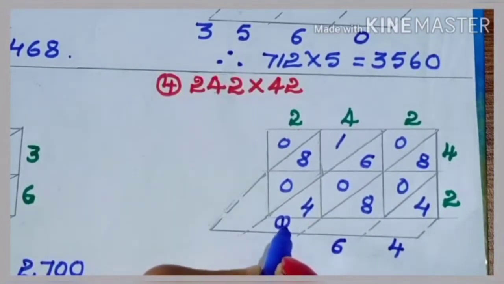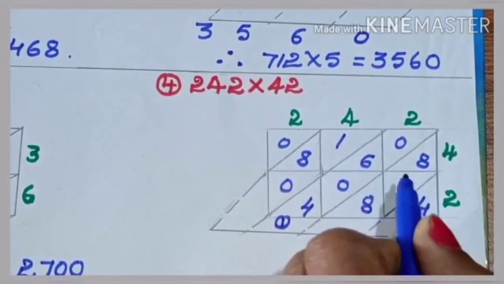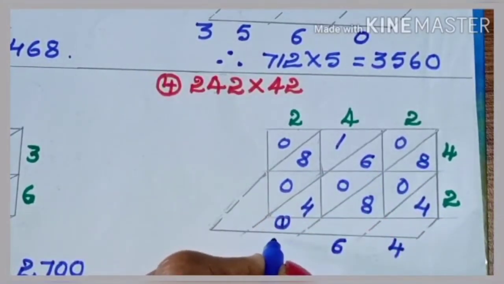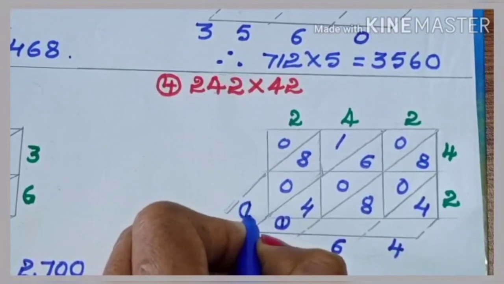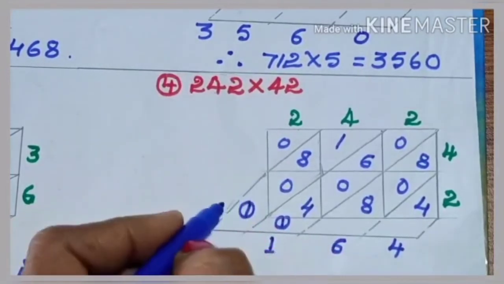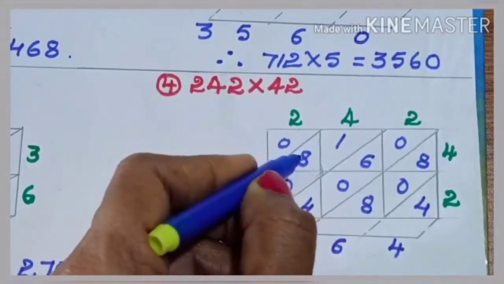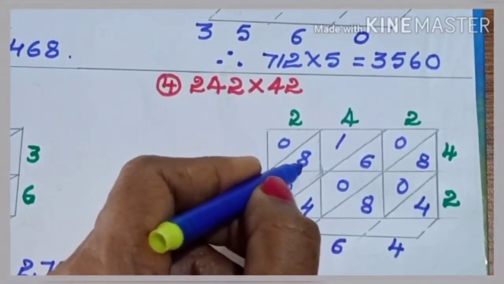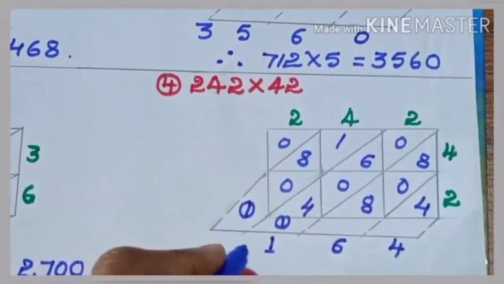Now add. 1 plus 4 is 5. 5 plus 6 is 11. Write 1 here and 1 carry to the next place. 0 plus 1 plus 0 is 1. 1 plus 8, 9. 9 plus 1 is 10.